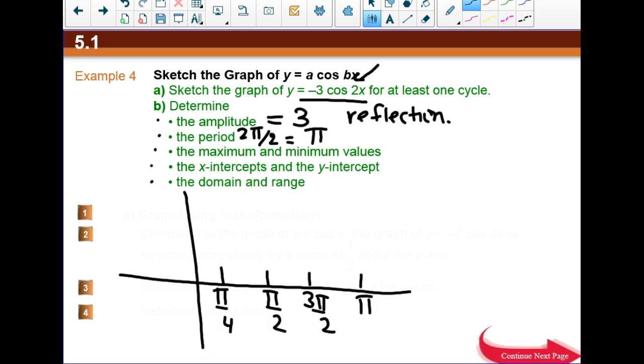Like a quarter. 1 quarter, 2 quarters. Whoops, this should be 3 quarters. 1 quarter, 2 quarters, 3 quarters, 4 quarters. Okay, and our amplitude is 1, 2, 3, and 1, 2, 3 down.